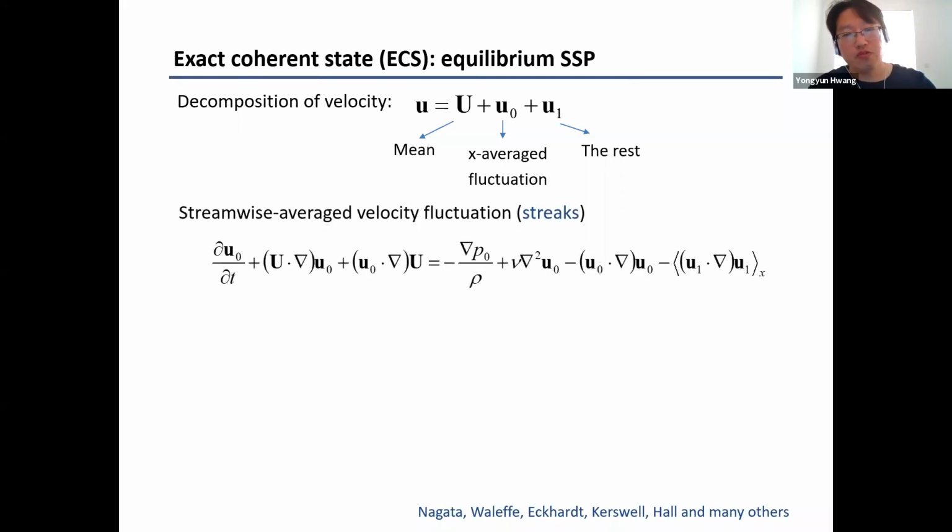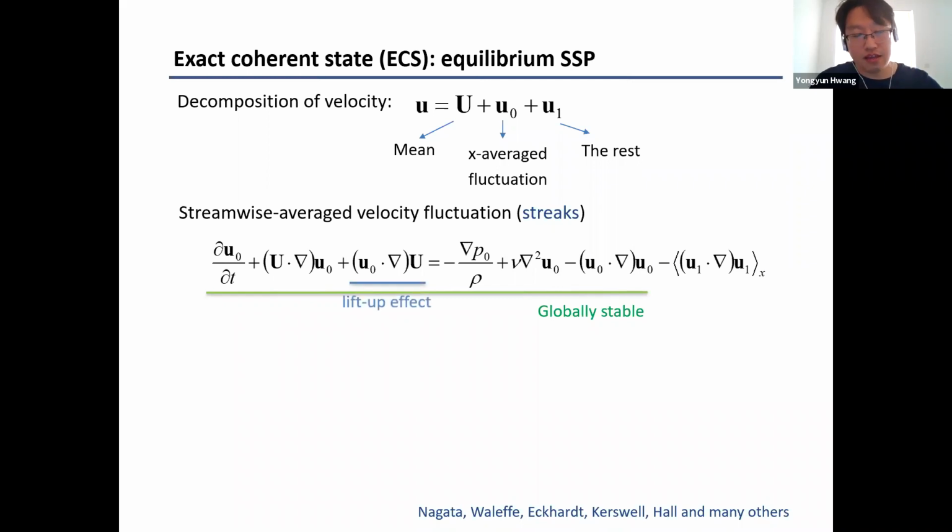The first one, the equation for U0, gives you the equation for streaks. It is basically the streamwise-averaged velocity fluctuation equation. I'd like to mention that this particular part is globally stable, so it is always stable even for infinite Reynolds number. It never generates any instability mathematically. You can prove it quite straightforwardly.